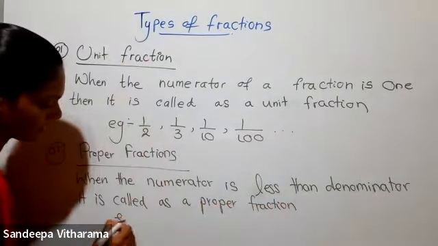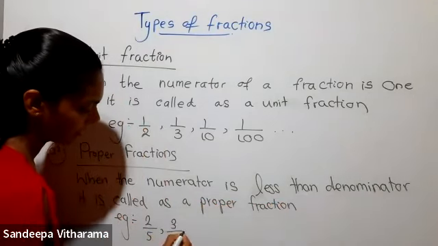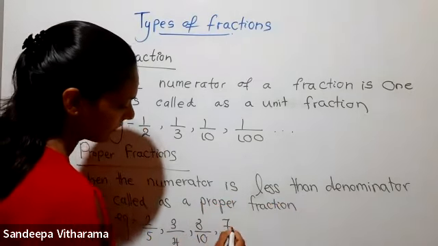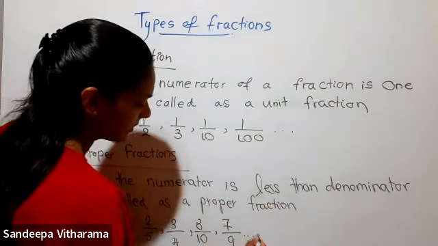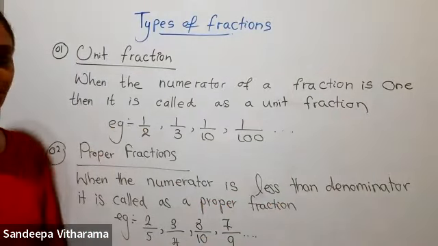That means, for example, 2 upon 5, 3 upon 4, 8 upon 10, 7 upon 9. These are the kinds of examples for this type of fraction.